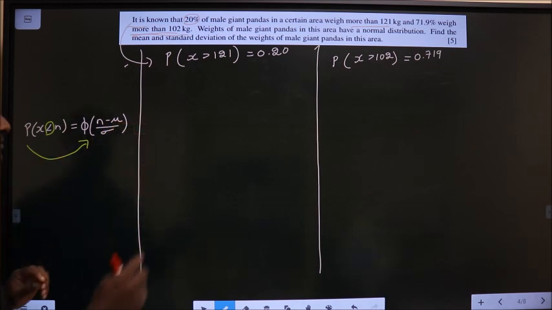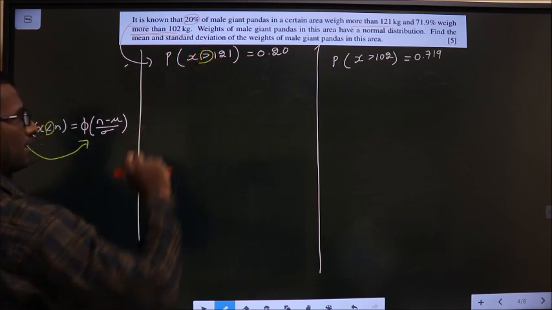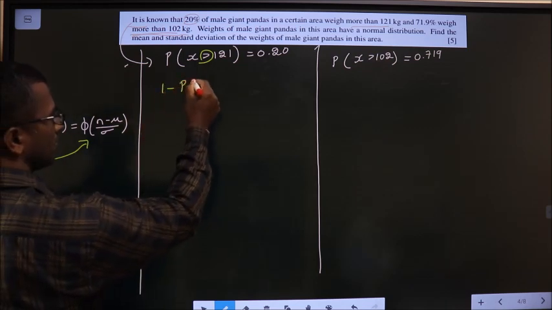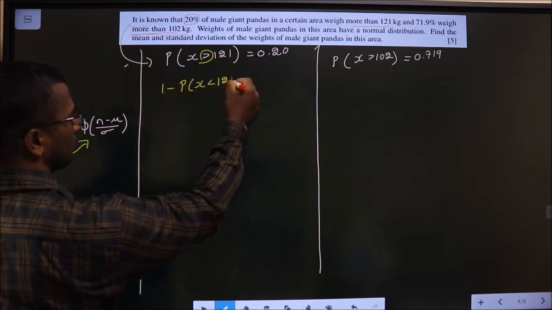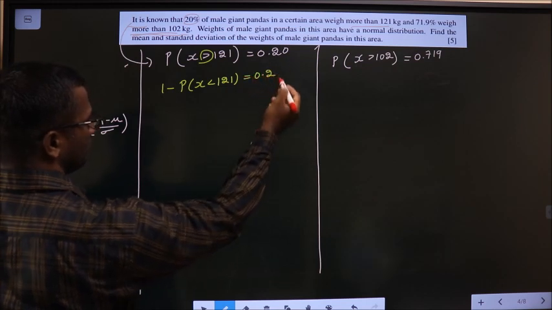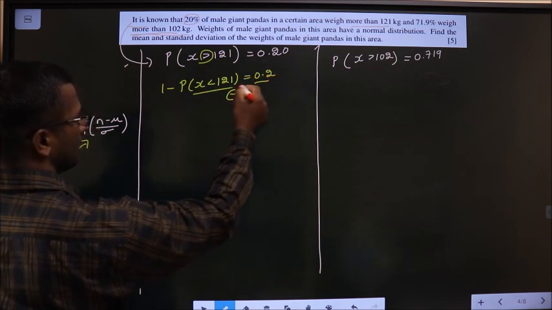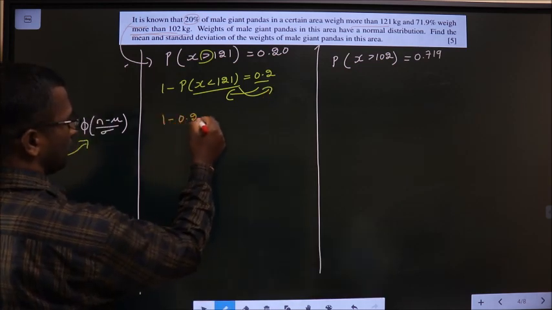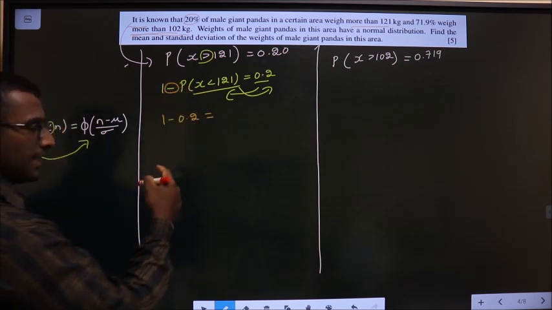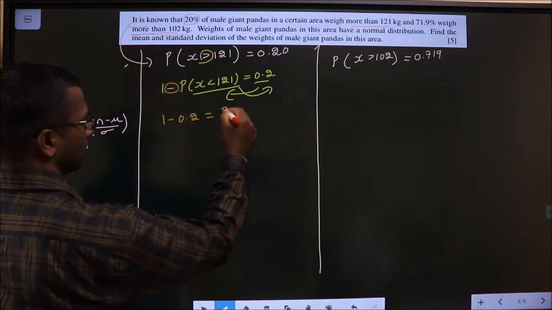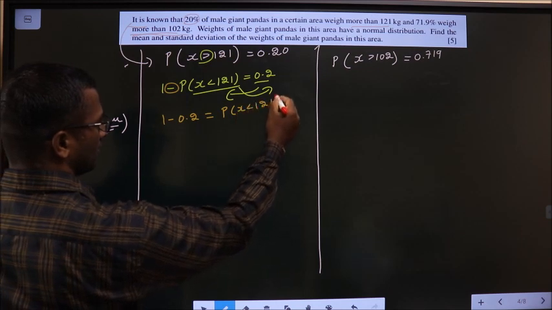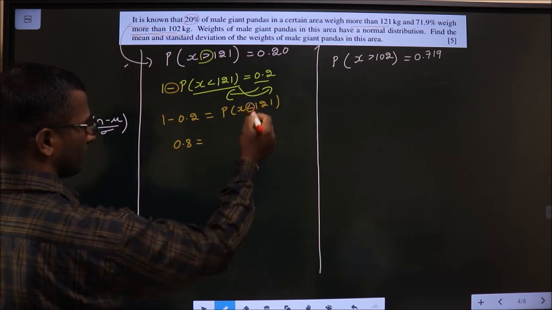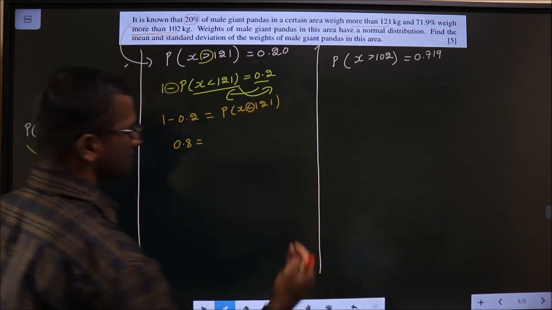Now come here. Here the symbol is greater than. For me to make it less than, I should do 1 minus P of x less than 121 equal to 0.2. Now all the numbers one side and this to the other side. So 1 minus 0.2 equal to, here it is negative, when you shift it becomes positive. Now 1 minus 0.2 is 0.8, and here, it's a less than symbol.